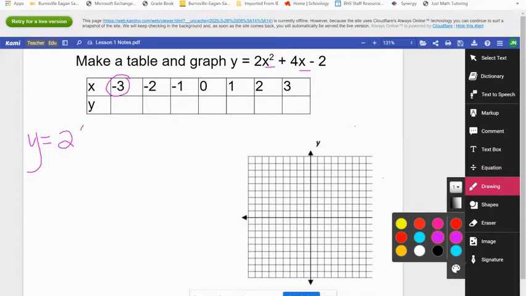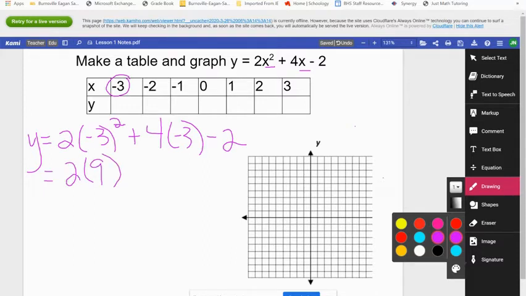So I have 2 times -3 squared plus 4 times -3 minus 2. We always have to remember to use the correct order of operations, so we're going to square first. -3 times -3 is +9. So -3 squared is 9.